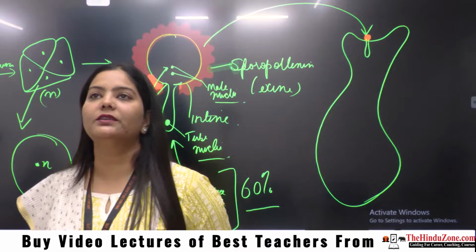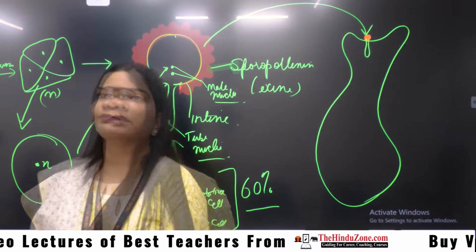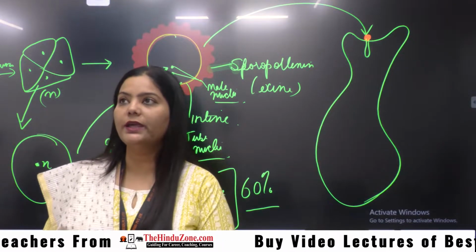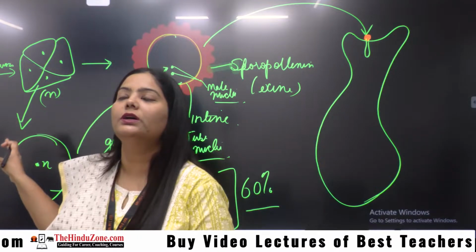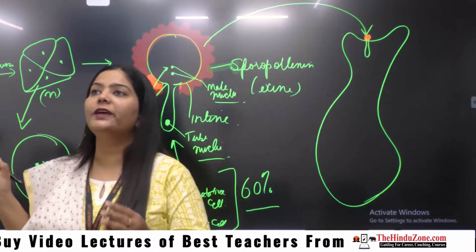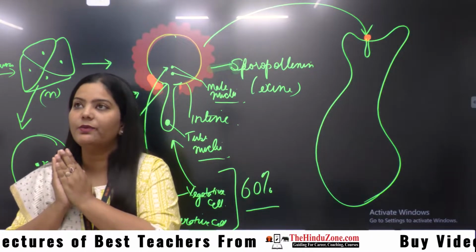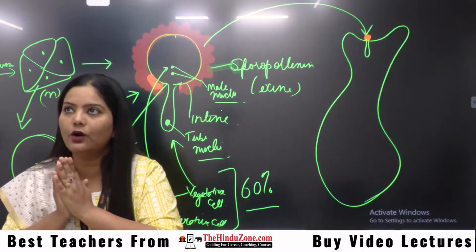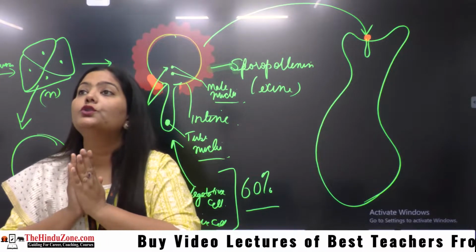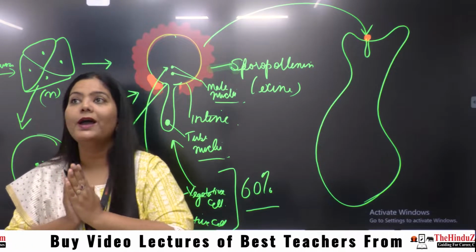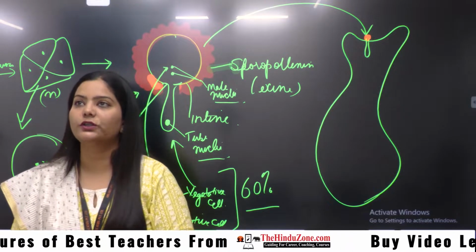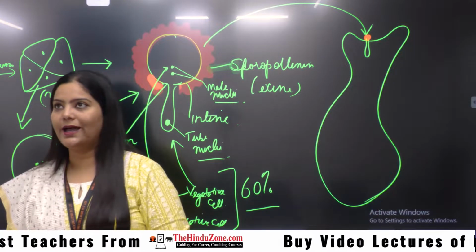Ikra, Kavya, Gayatri? Anyone? Now, this mature pollen grain is going to land on the mature stigma. Okay? If the two of them are of the matching type, only then will it allow this pollen grain to take out its pollen tube, and this is what is called pollen pistil interaction.